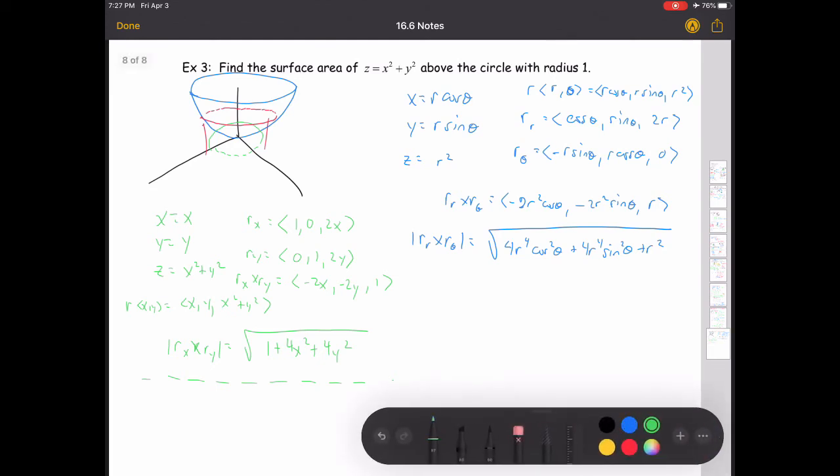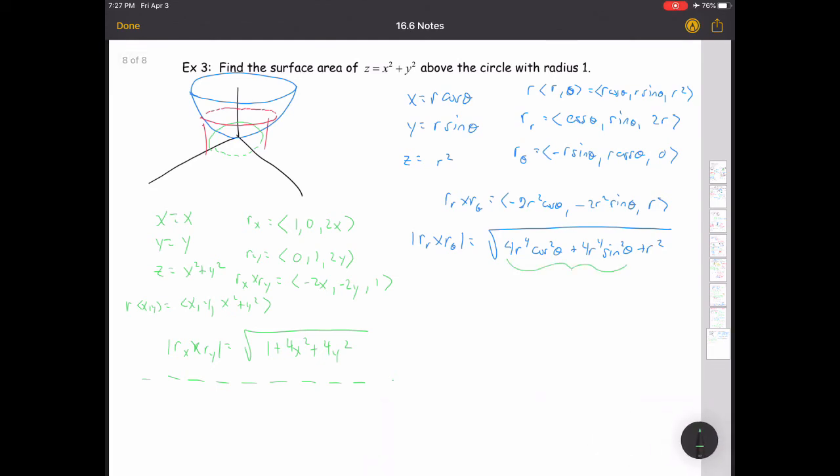This piece, once again, if you factor out the 4r squared, is going to give you 4r squared times cosine squared plus sine squared. So what we get after all that is the square root of 4r to the fourth plus r squared. And we can simplify that even a little bit further because I can factor an r squared out of that and then take the square root of that. So what we get is r times the square root of 4r squared plus 1.